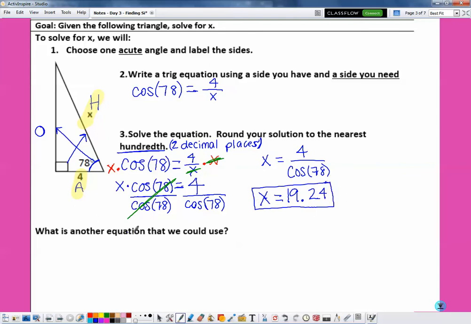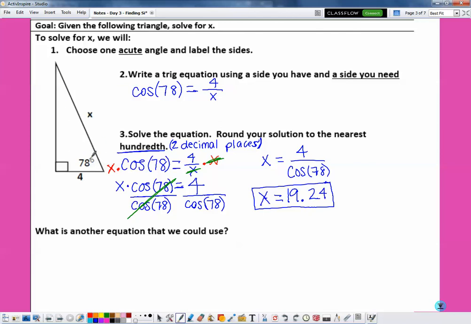Now, what is another equation that we could use? Erase my markings on my picture. Let's see our other options. We know that the angles in a triangle add up to 180. And if this corner is 90 of them, then the other two together make 90.